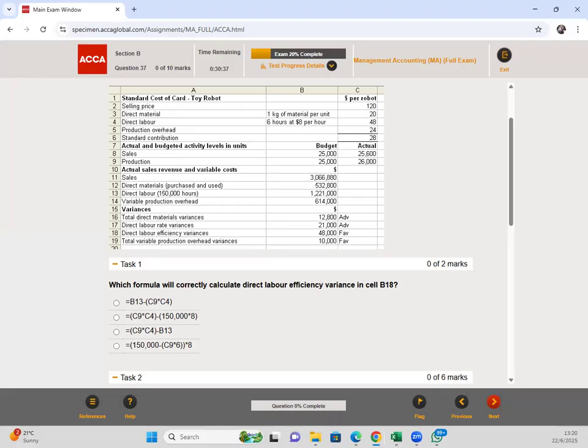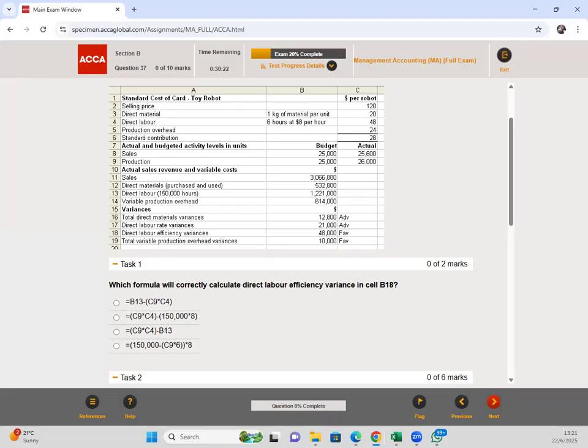Is anyone seeing where the 150 is? No. Okay, minus 150 times 8. Let's look at the next one.